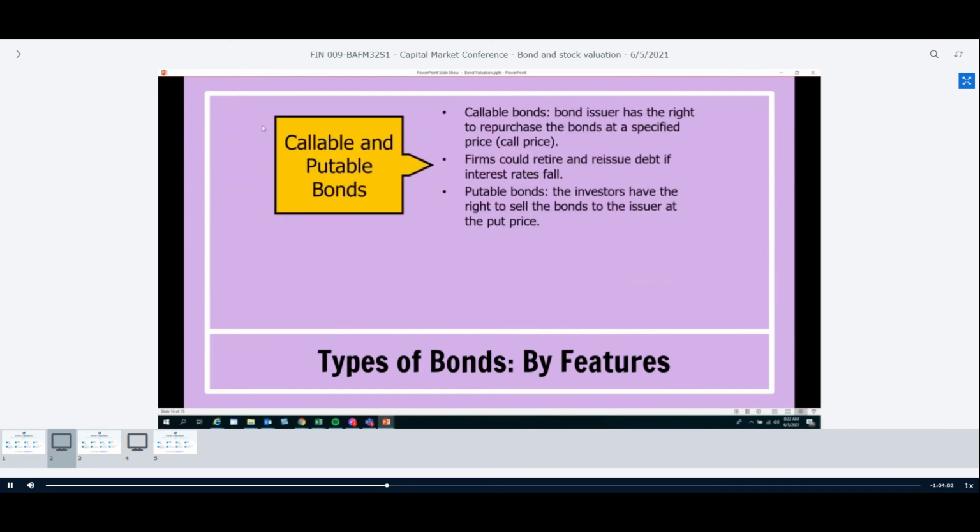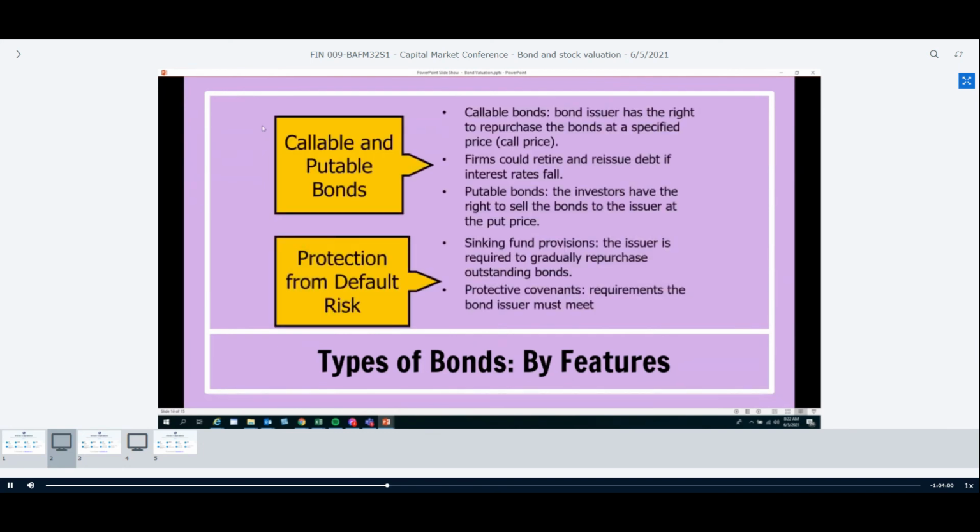Okay. So next we have callable bonds. The bond issuer has the right to repurchase the bonds at a specified price or call price. Firms could retire and reissue debt if interest rates fall. Putable bonds, the investors have the right to sell the bonds to the issuer at the put price.